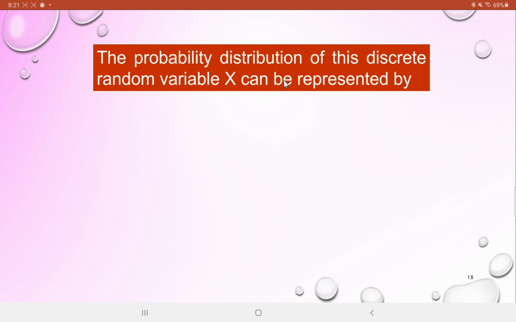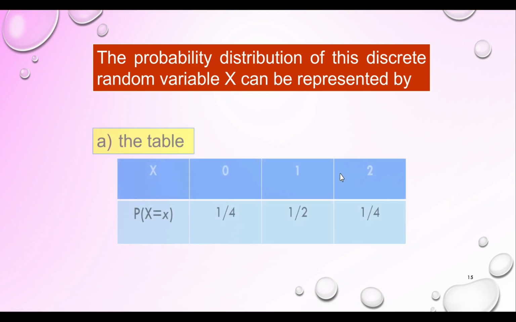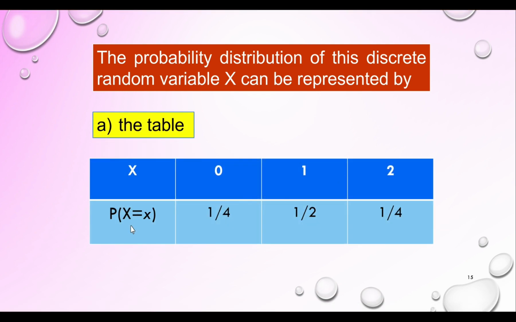The probability distribution of this discrete random variable X can be represented by the table. From this table, P(X = 0) is 1 over 4, P(X = 1) is 1 over 2, P(X = 2) is 1 over 4.